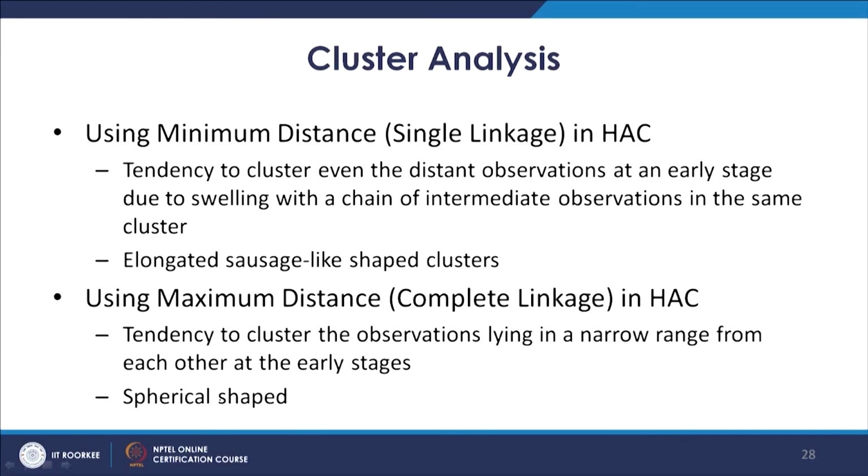Similarly, for maximum distance, there is a tendency to cluster the observations lying in a narrow range from each other at the early stages, because the distance that we are using is between the farthest observations from each of those clusters. But this particular distance is going to be a narrow range because it is the closest clusters which are going to be merged, right.